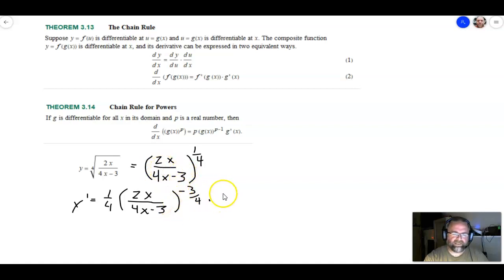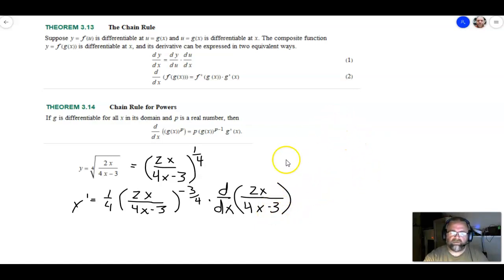So if I was writing this down, I might just leave the derivative notation if I don't quite know it yet. So I'll say times the derivative with respect to x of the inside here. We can do that, and that's fine when it's not an easy thing to figure out. Now I can go off to the side and figure out what the derivative of this function is. I'm going to use the quotient rule.